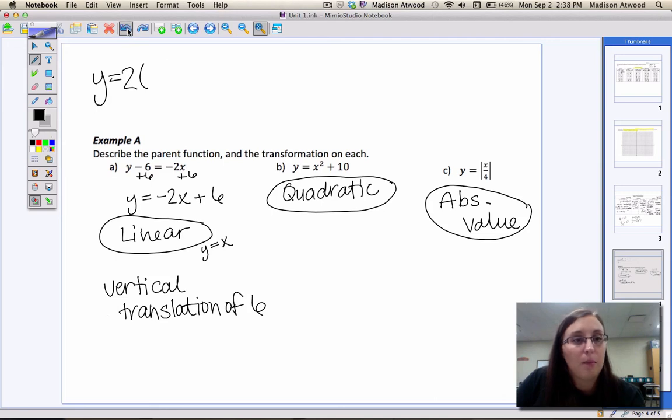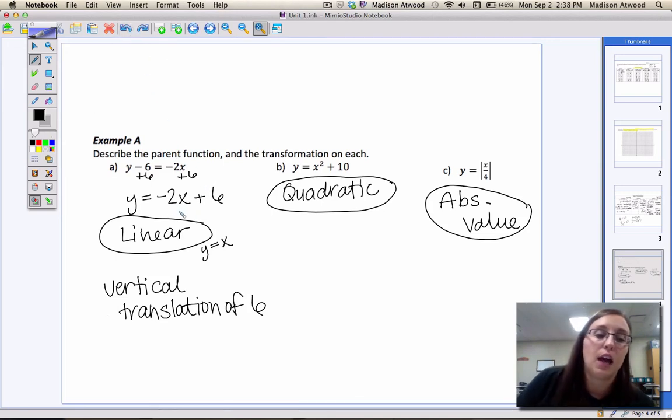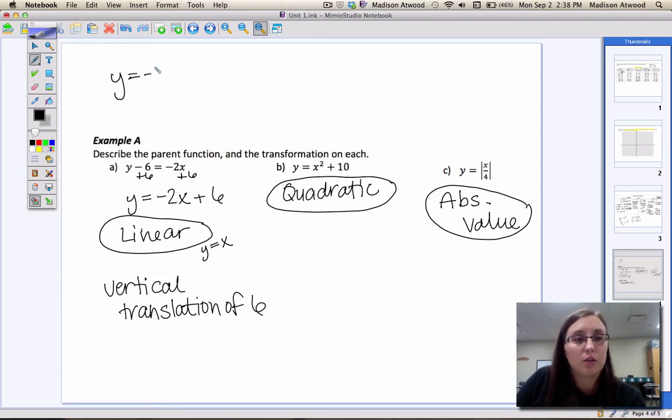But basically, because it's outside, it really actually applies to the y. So in other words, if we wanted to think about it without that plus 6, let's say our equation was the example from last, y equals negative 2x, we could think of it as y over negative 2 equals x. And so really that negative 2 applies to the y because it has nothing to do with the input of the function.